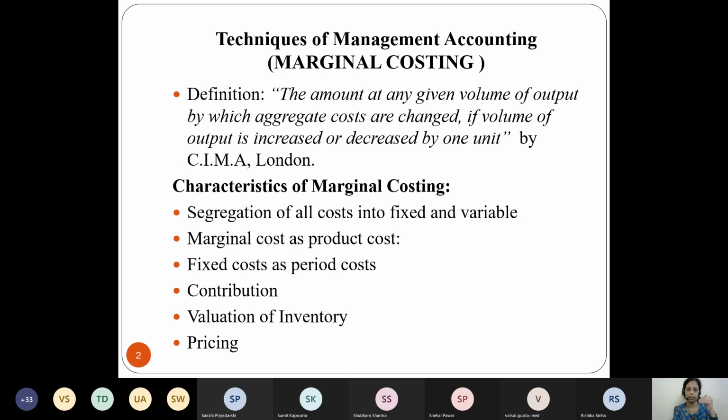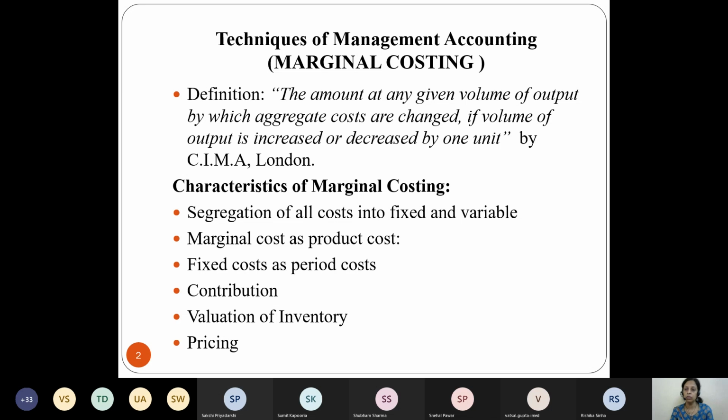He has to classify each and every cost under heads: variable, fixed or semi-variable. And you take the total of all variable costs, which per unit are constant and vary in direct proportion to volume of production. The total of all variable costs together is called marginal cost.